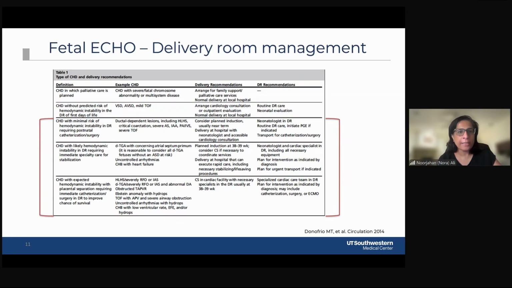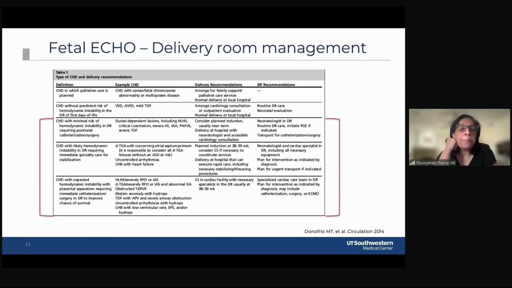They took all the heart lesions and stratified them based on which lesions are going to need help right away versus those that can wait a week, 2 weeks, or even down the road. Based on that, they have stated some delivery room recommendations and what to do immediately after.